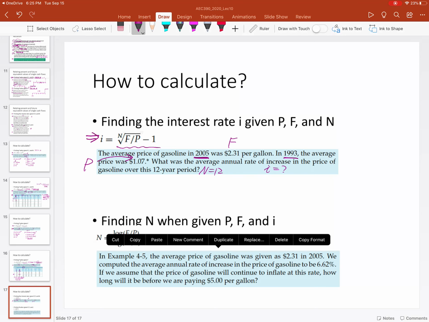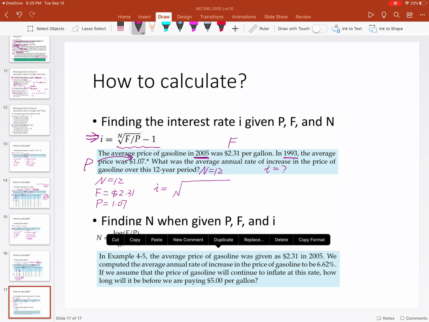So you know you're going to use this equation, right? And your N is 12, your F is 2.31, your P is 1.07.